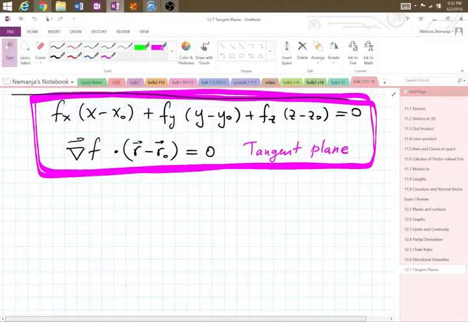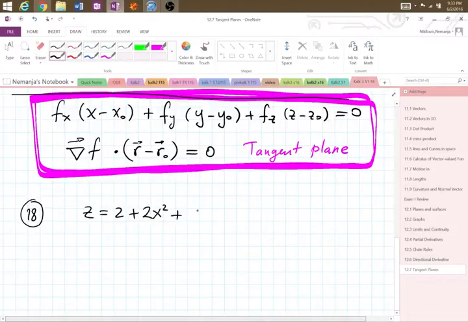So a quick example. Z equals 2 plus 2x squared plus 1/2 y squared.